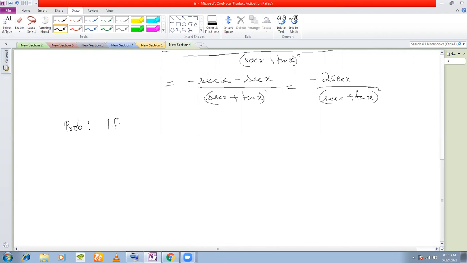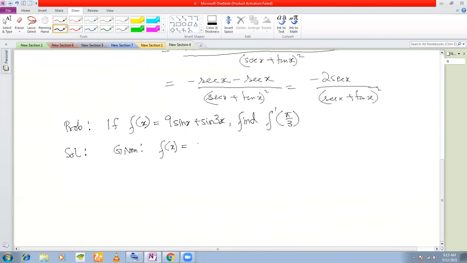If f(x) is equal to 9 sin x plus sin 3x, find f dash pi by 3. So given here, 9 sin x plus sin 3x.